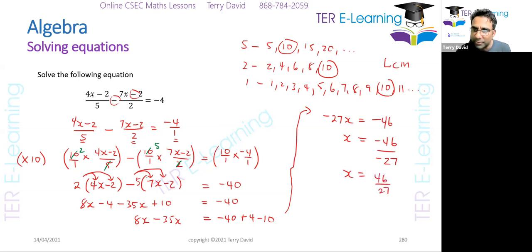And therefore, x is equal to 46 over 27. Now let me just double check this answer for you guys, make sure it's correct.